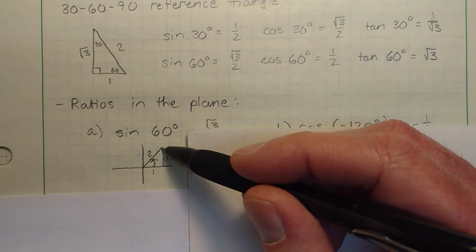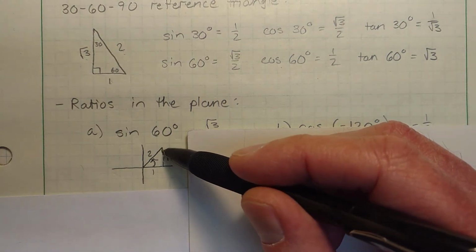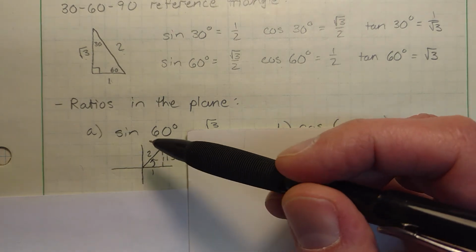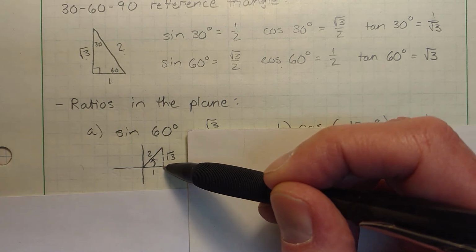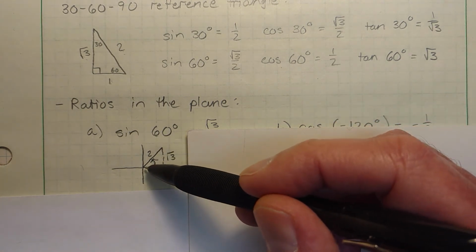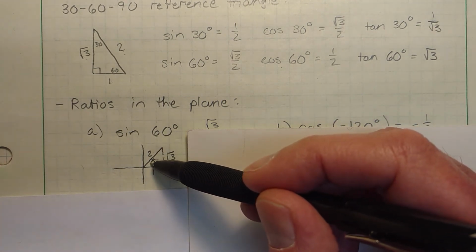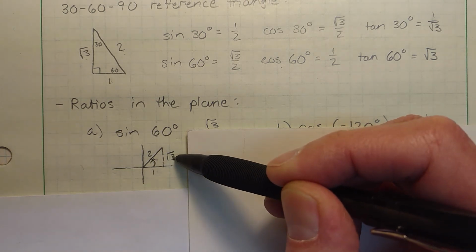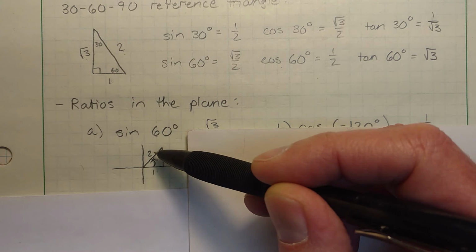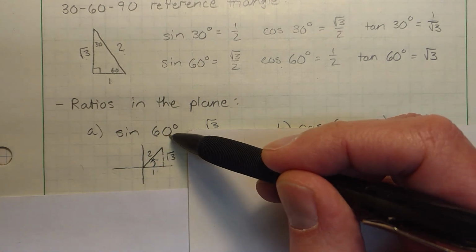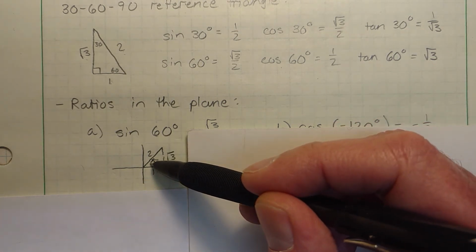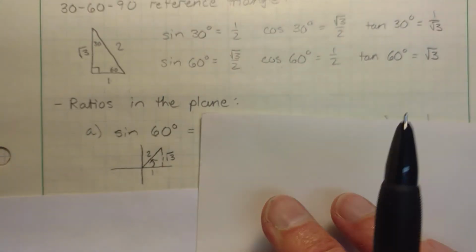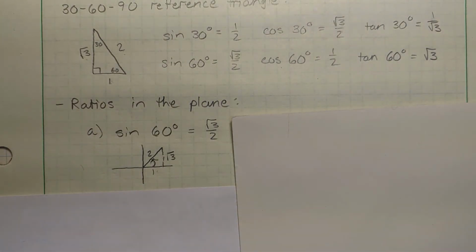Always turn it into a right triangle by drawing the segment that joins to the x-axis. That's very key. So once I turn it into a right triangle, notice what I have. Since this is a 60-degree angle, this is the short side, it's 1. The long leg is radical 3. Hypotenuse is 2. So the sine of 60, here's my 60-degree angle, I look at the opposite side, radical 3, over the hypotenuse 2, and I get radical 3 over 2.